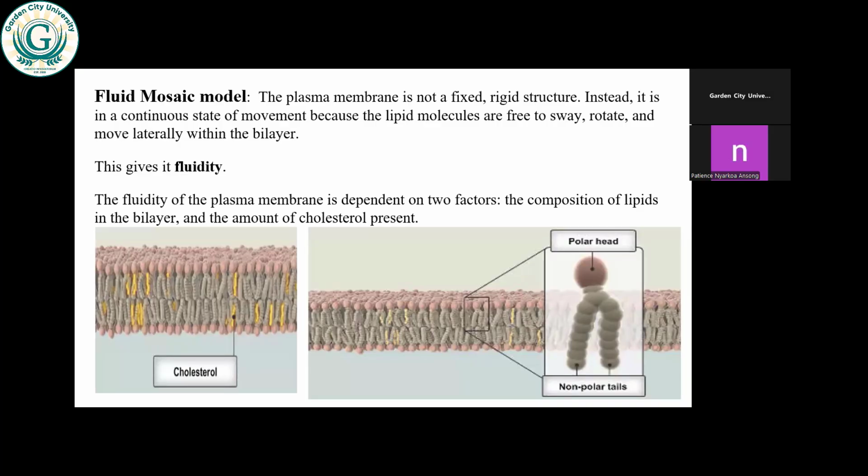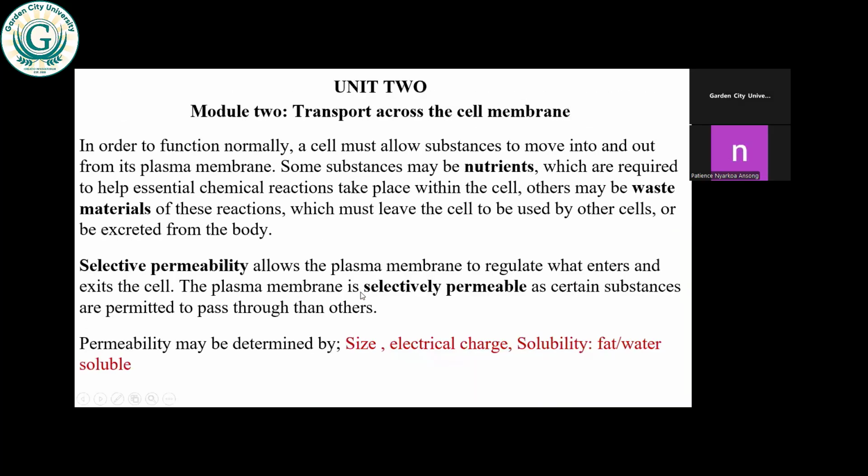If you are fat soluble, you can pass through because the phospholipid layer is also fat or lipid. But if you are water soluble, or water, you can't pass through. That's why the cell membrane is selectively permeable. It selectively permits smaller sizes, non-charged molecules, and fat-soluble molecules to pass through directly.